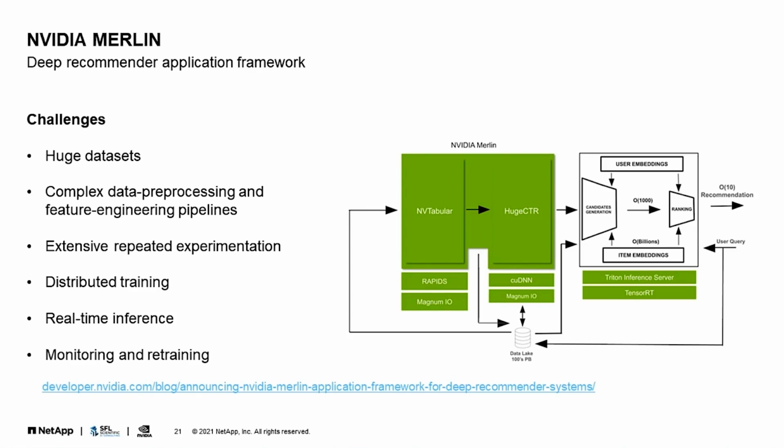In particular, you can notice NVTabular, which is responsible for data preparation and reduces the time needed for GPU accelerating feature transformation and preprocessing. And HugeCTR, which is a deep neural network training framework. This is capable of distributed training across multiple GPUs and nodes for maximum performance.